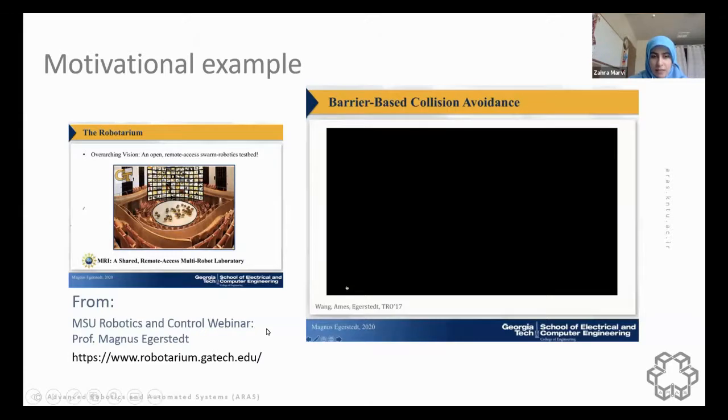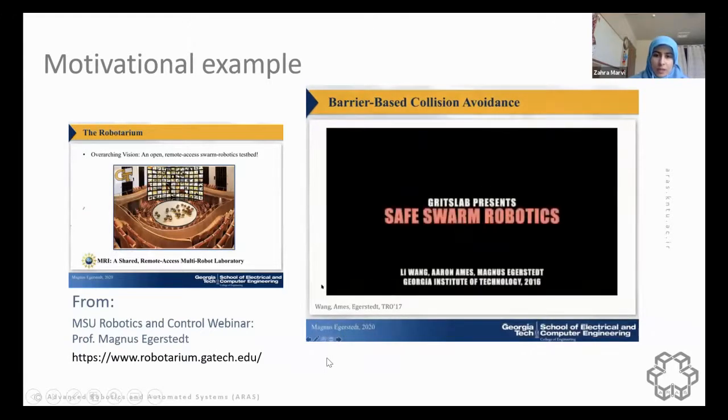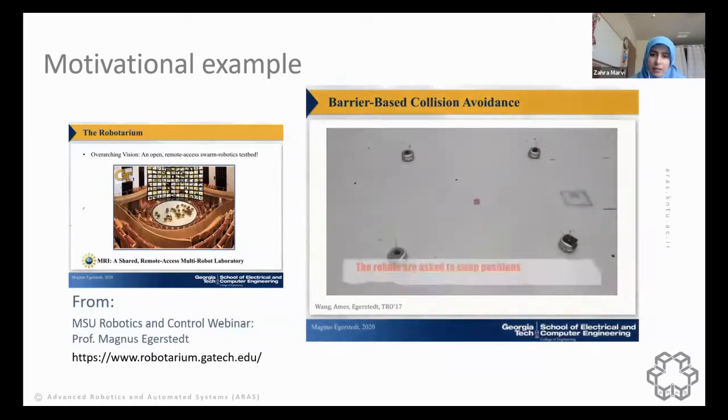The idea that they used was based on the barrier function, trying to minimally change the controller that was in their code or in their algorithms, and they just minimally change it to have safe operation. I'll show you a clip from that, which I showed the beginning of at the start of the presentation. Here, robots are asked to swap positions and they collide.